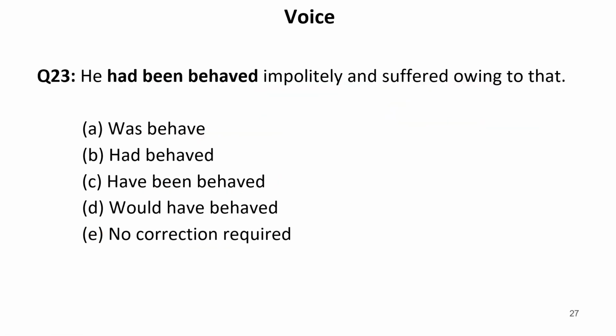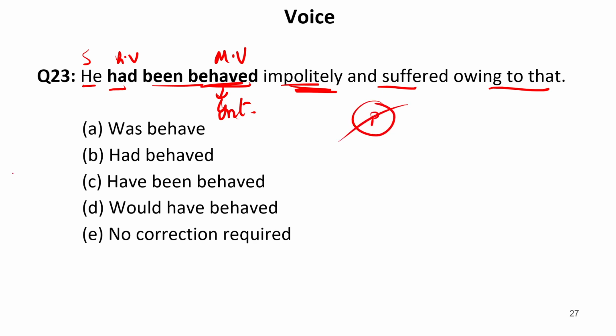Now let us move to the next one. He had been behaved impolitely and suffered owing to that. Now he is the subject, had is the helping verb, behaved is the main verb. How did he behave? He behaved impolitely. This behaved is an intransitive verb, and if the verb is intransitive, there is no need of passive voice.